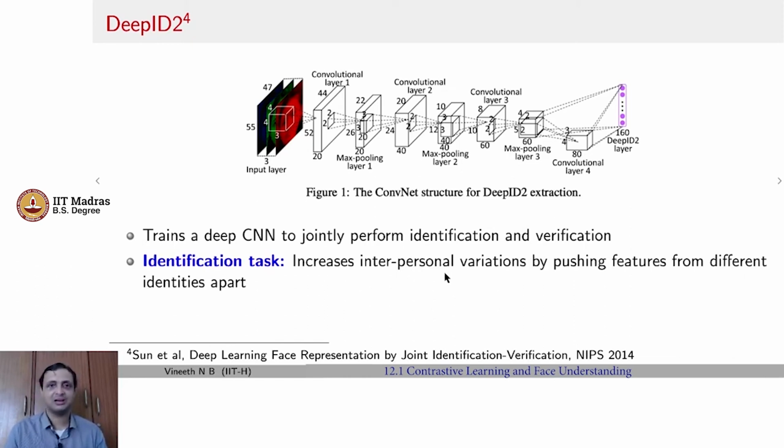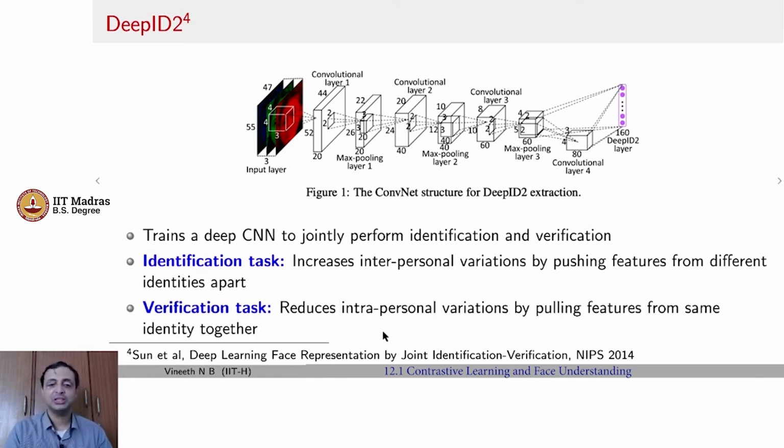You're trying to separate different identities apart, images or embeddings of different identities. And the verification task reduces intrapersonal variations by bringing together features or embeddings of the same identity.